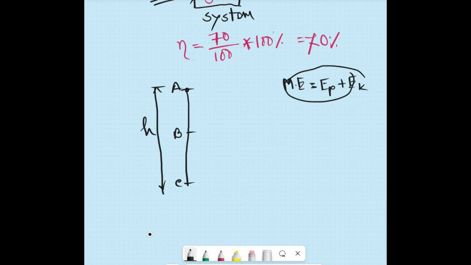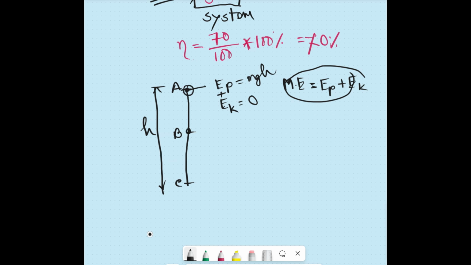At point A, the potential energy is roughly mgh, and of course we have kinetic energy as well, though at the top point the kinetic energy is 0. So Ep plus Ek will be the mechanical energy at point A.